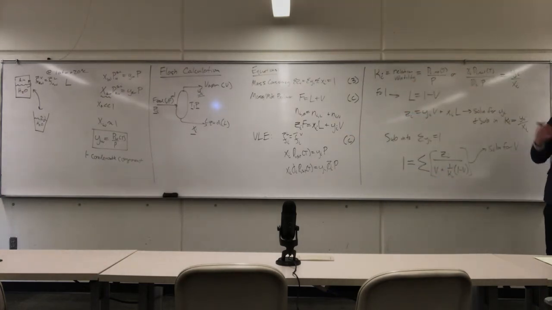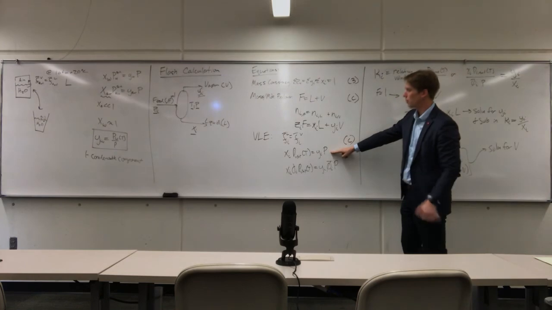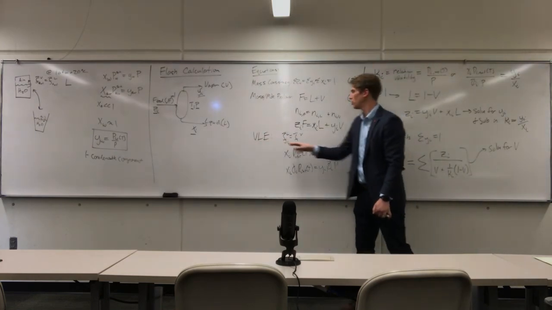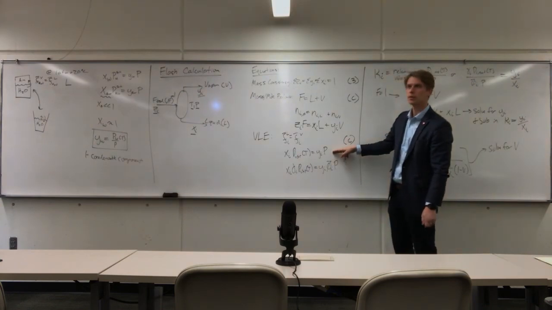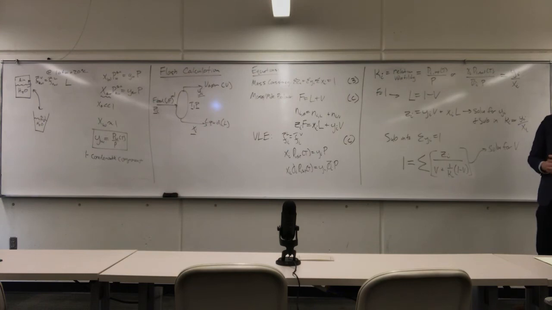And then you have done your flash calculation. For a liquid-liquid system, the only difference would be that your equilibrium relationship would no longer be vapor-liquid, it would be liquid-liquid, so we would approximate this using activity coefficients. But that would also classify as a flash calculation. Flash is a general term. It doesn't have to apply to only vapor-liquid systems.